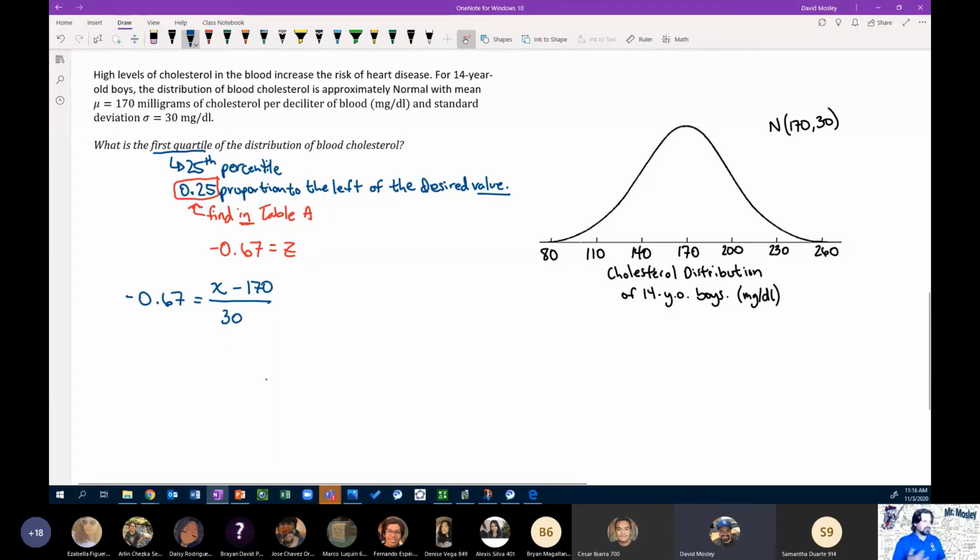So I'm going to multiply by 30 on each side and then add 170, which leaves me with an equation that will look like this. And we end up with 149.9.